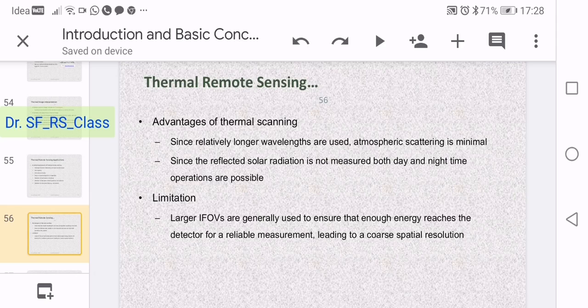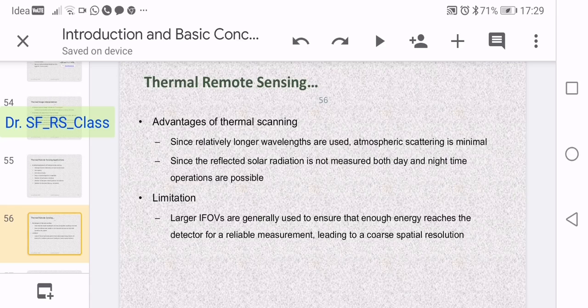And some limitations are there. Larger IFOVs, instantaneous fields of view, are generally used to ensure enough energy reaches the detector. Since it's not EMR reflection but the emission from the body, the energy is not that high, so we need to look into large IFOVs to get enough quantity of energy that reaches the sensor.